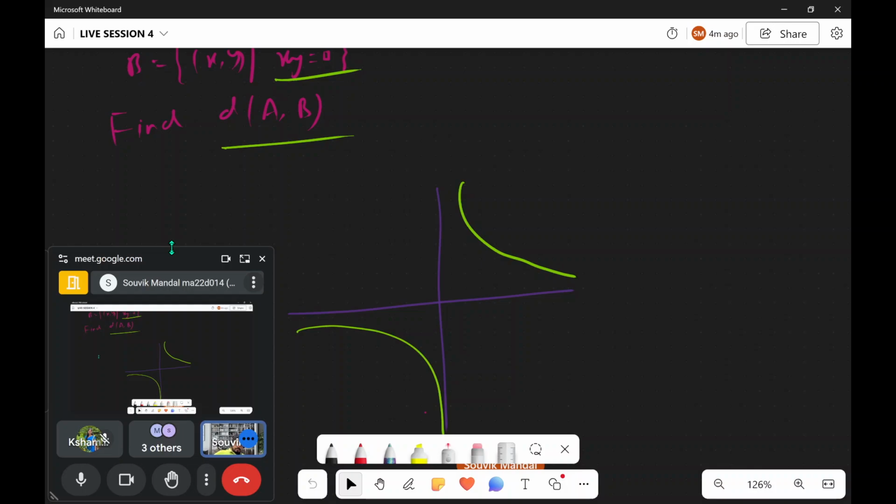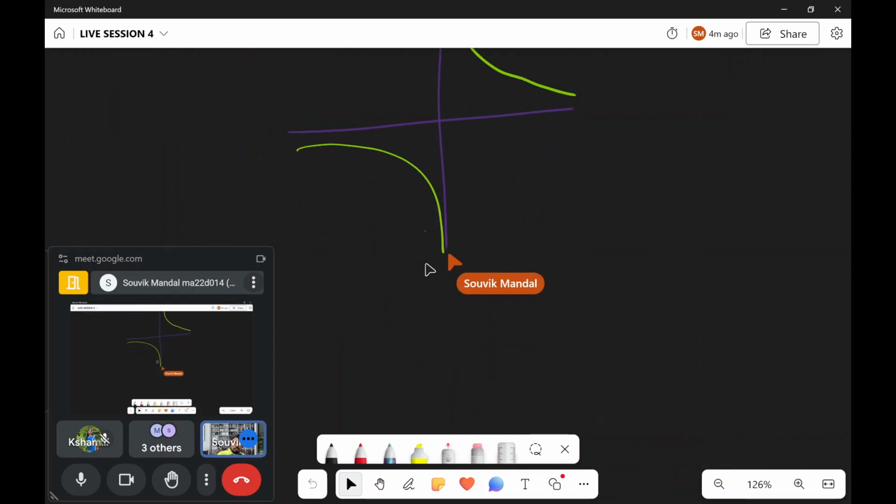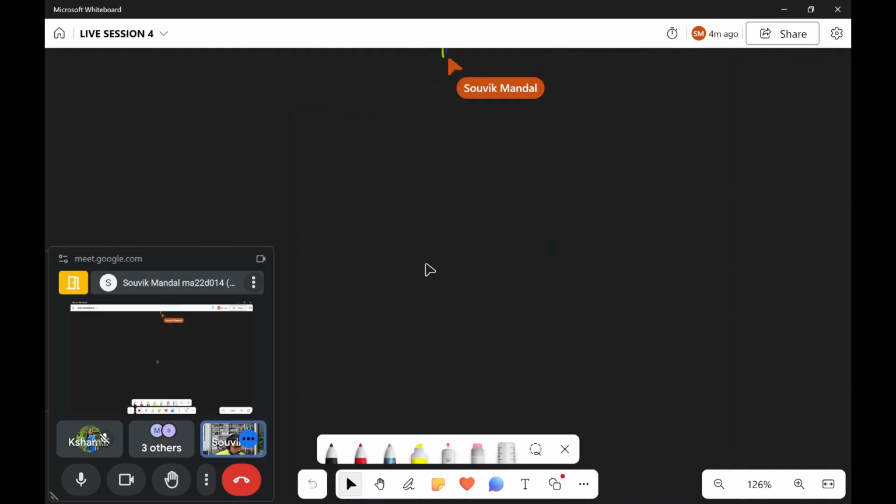So in order to show this, suppose S is some set of the real line, and the infimum of S is some little s. So the infimum is this thing.